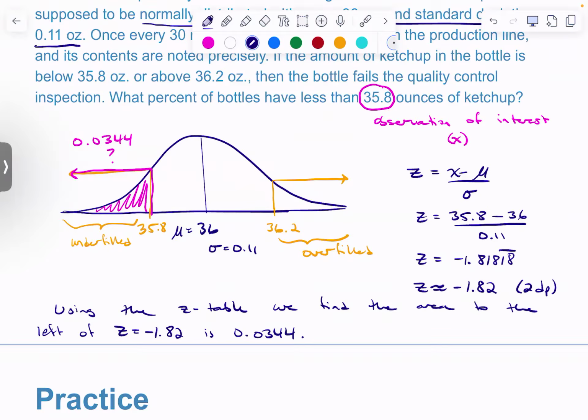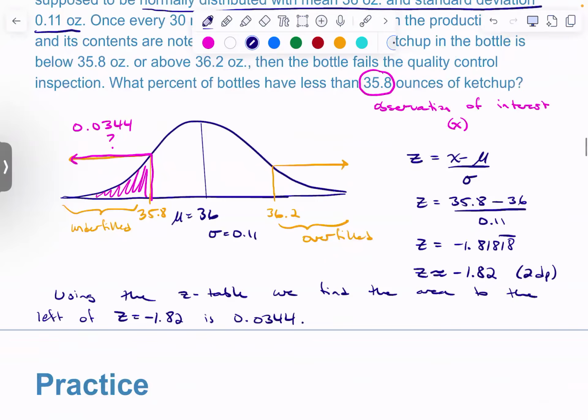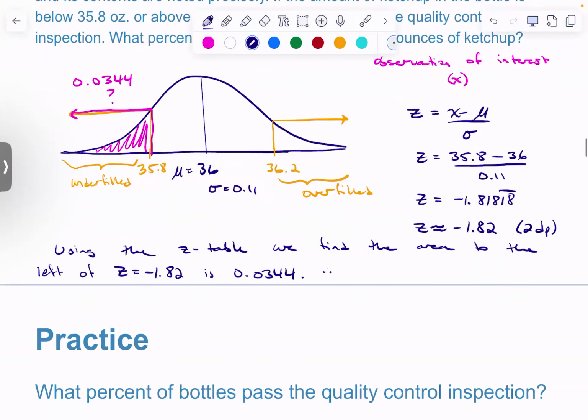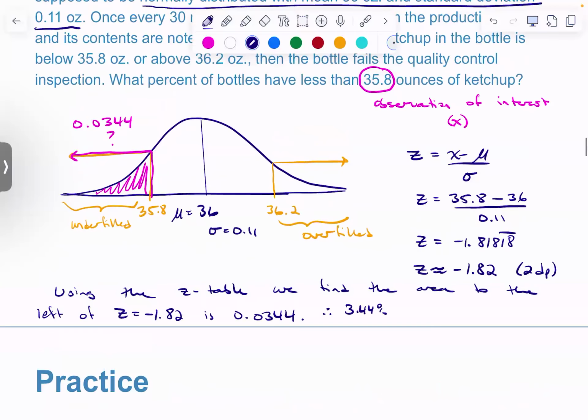So we're done. 3.44% of bottles are underfilled, or have less than 35.8 ounces. But let's just call it underfilled. Therefore, 3.44%, just multiplying by 100, of bottles are underfilled.